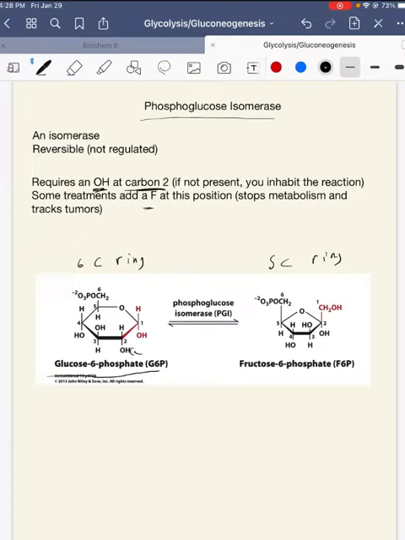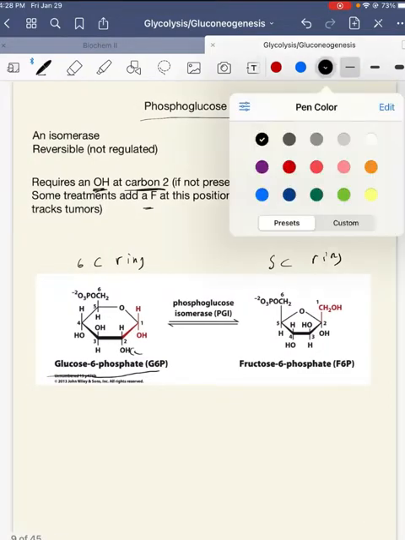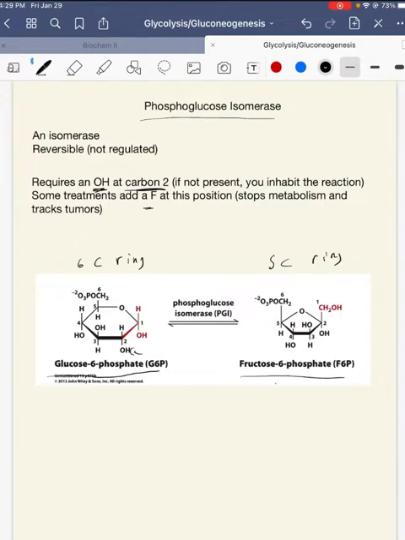This fluorine stops the metabolism of glucose, and it also allows us to track where tumors or cancer cells are, because tumors and cancer cells tend to use a lot of glycolysis, and they run glycolysis really fast. So if we're able to stop their glycolysis metabolism and track where they are, this serves as a really good treatment for cancer cells. And then we made this molecule called fructose 6-phosphate.